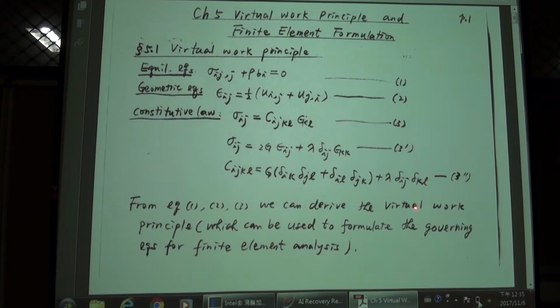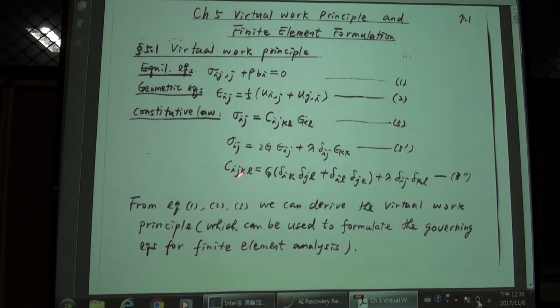But to derive the virtual work principle, we only need to have the equilibrium equation. So I didn't write this transparency very correctly. It means that from equation 1 only, we can derive the virtual work principle. We don't need equation 2 and equation 3. Please erase these two equations, okay? Or don't copy these two equations in your notes.